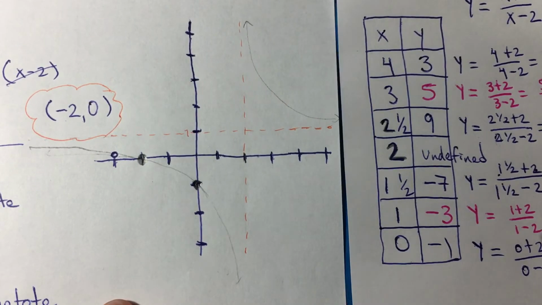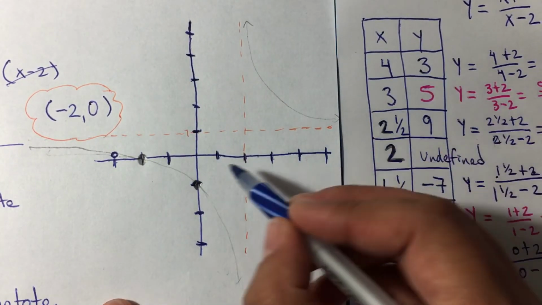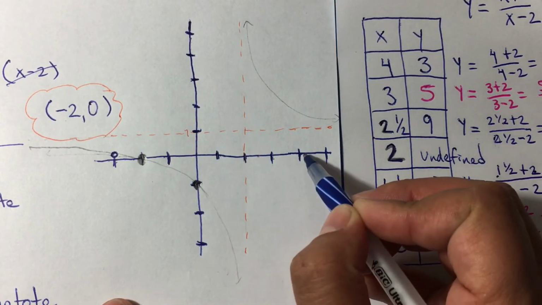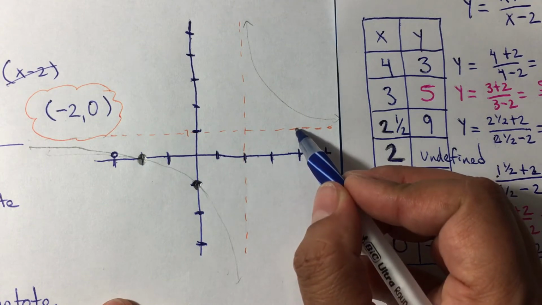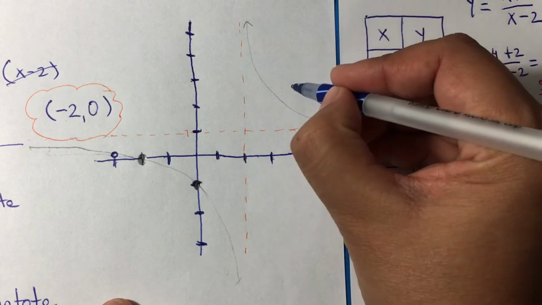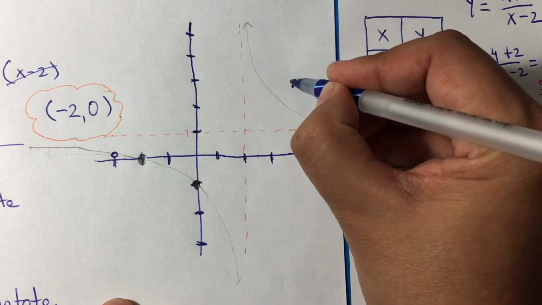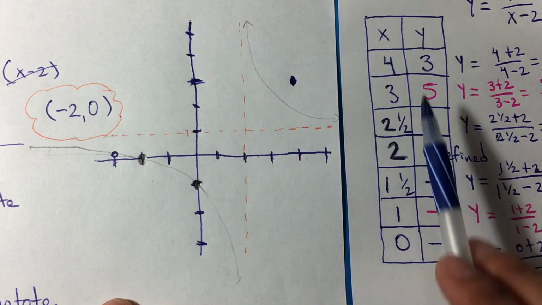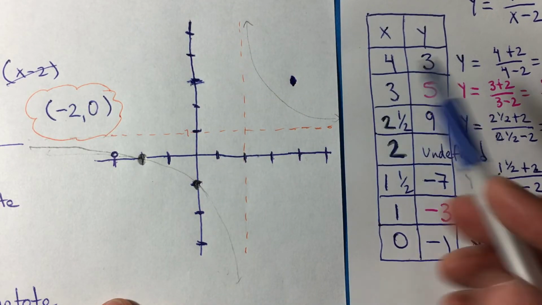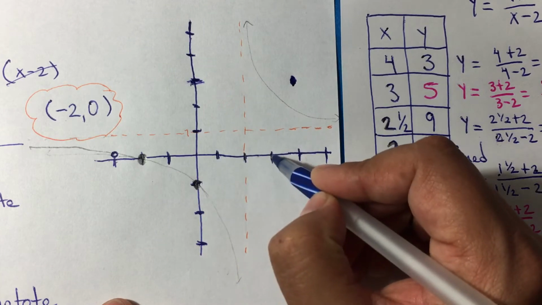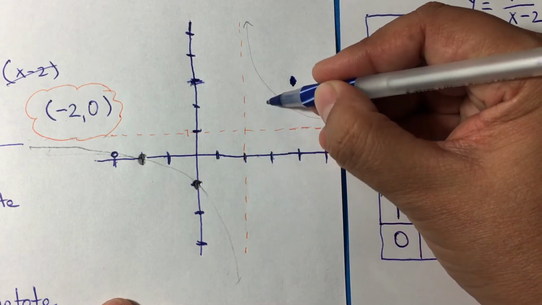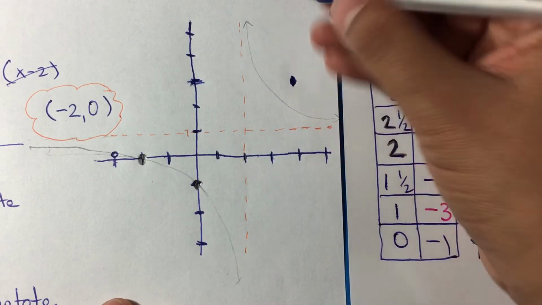Okay, so we have 4, 3. So 1, 2, 3, 4. 3 is 1, 2, 3, right here. Yep, right here. For the next one, 3, 5. 1, 2, 3. And then 1, 2, 3, 4, 5, right here.